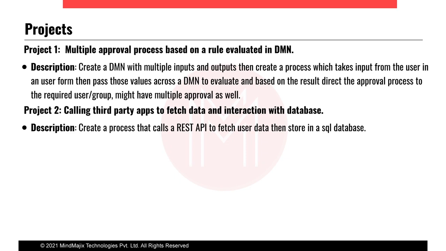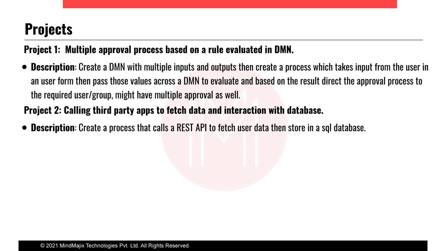The second project consists of interacting with third party apps to fetch data and then interacting with the database. You need to create a process that calls a REST API that is deployed to different servers to fetch certain user data. That user data, again, you need to pass through the DMN that you will be creating in project 1, and based on the setup, the approval task is assigned to the approver.